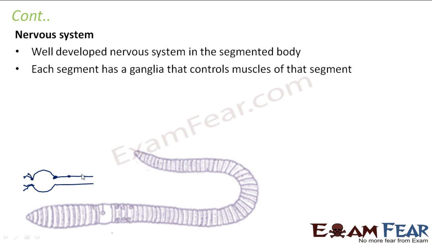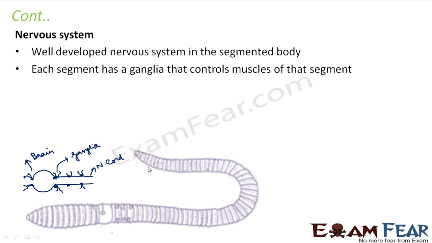These are the ganglia, and this is the brain. These are the ganglia and this is the nerve cord.